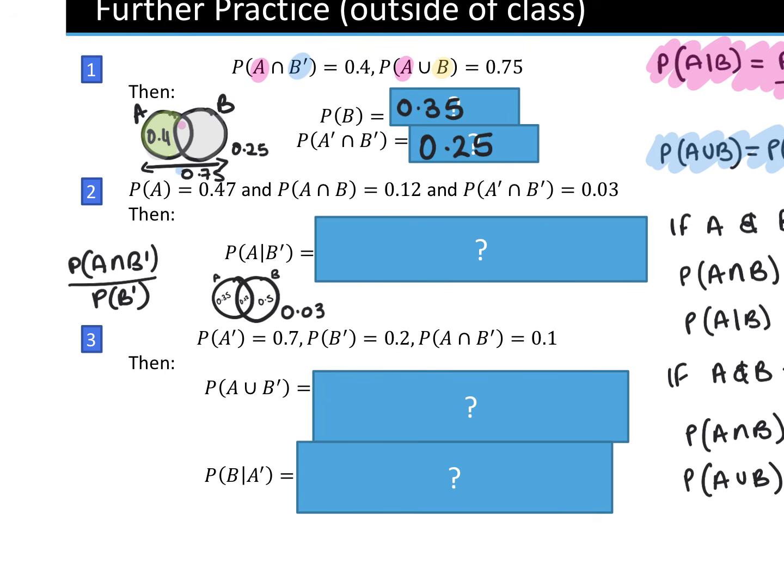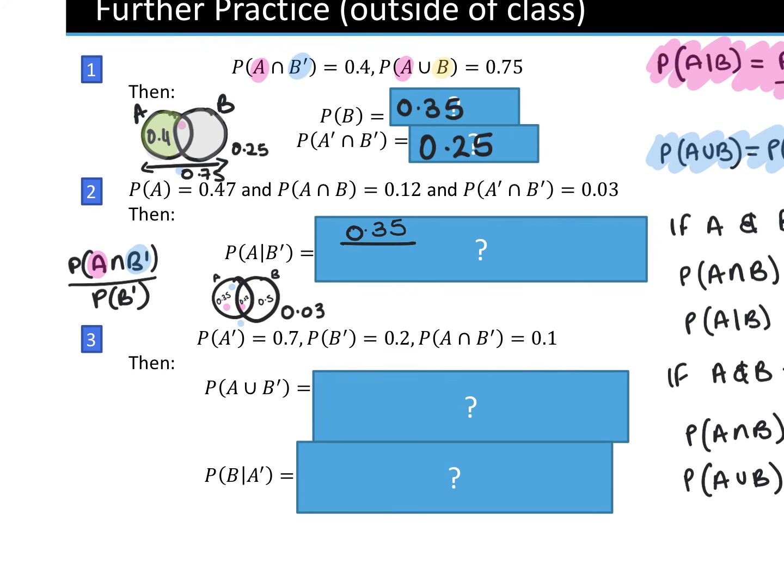intersection not B. So my A is going to be pink. Probability of A is here and here. Probability of B dash, here and here. Where do they intersect? Only at 0.35. This is over the probability of B dash.